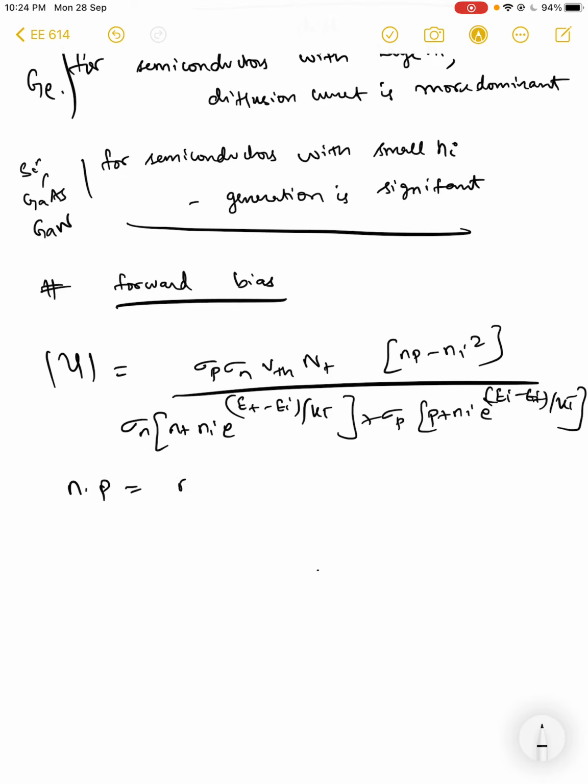n is always ni e power (Efn minus Ei) by kT, right? And p is ni e power (Ei minus Efp).